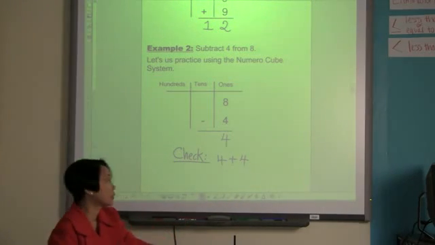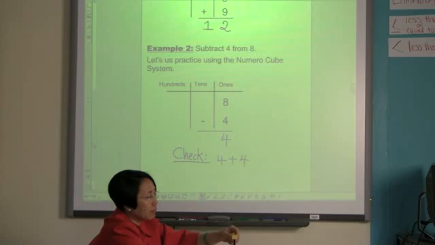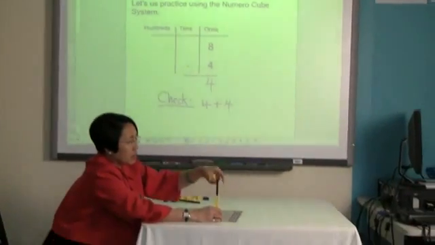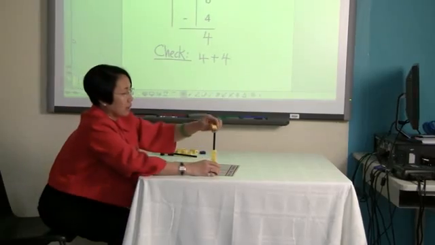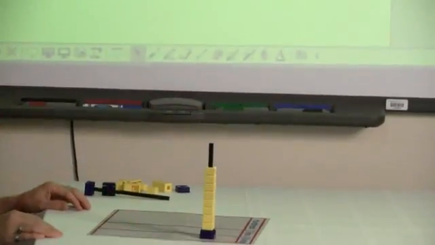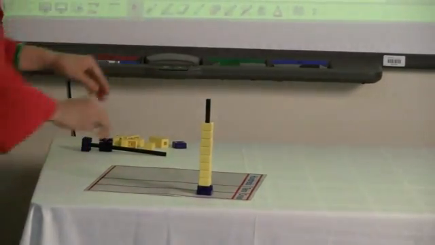So I'm going to go ahead and put them back. This is 4, 5, 6, 7, 8. Okay, so that's the 8 that I started out with. So that tells me this is correct.